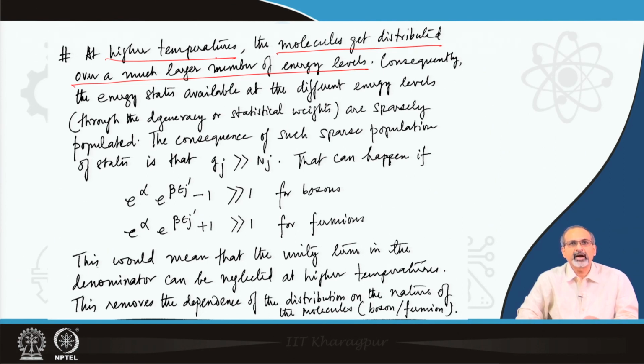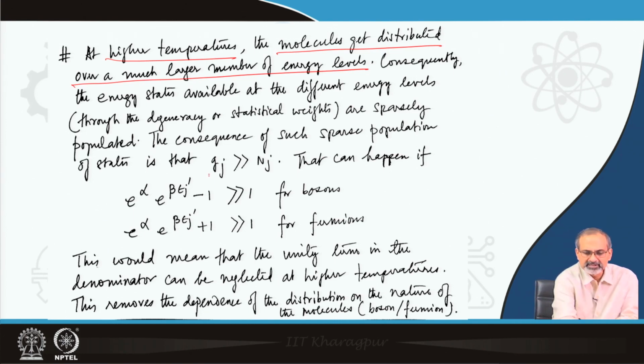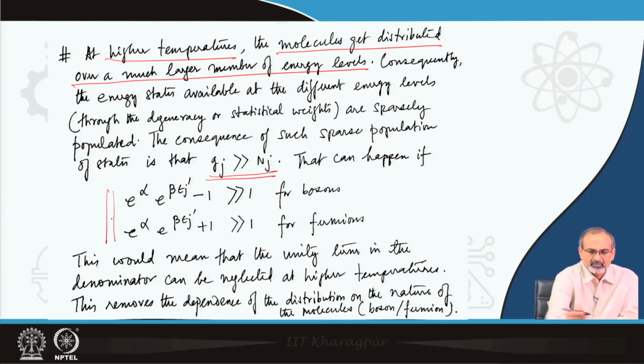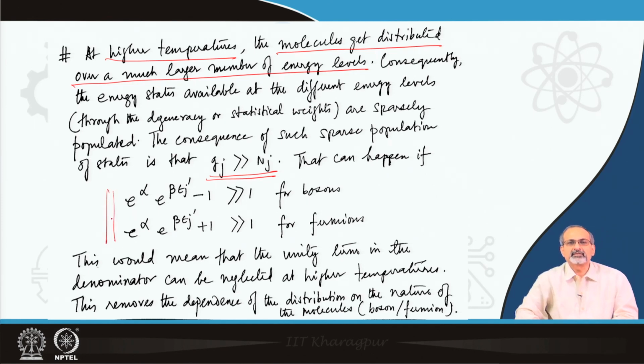So, this is true for the high temperatures. The consequence of such sparse population of states is that the Gj is going to become much larger than Nj, and that can happen if these expressions are much larger than 1, both for bosons as well as fermions, which would mean that the unity term in the denominator can be neglected at higher temperatures.